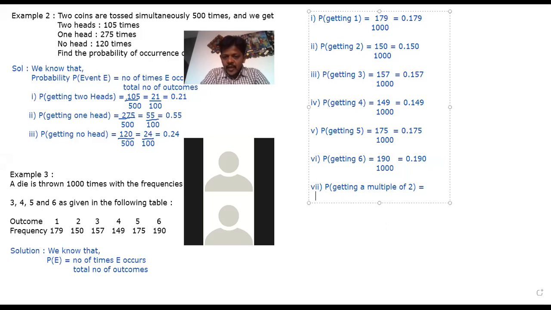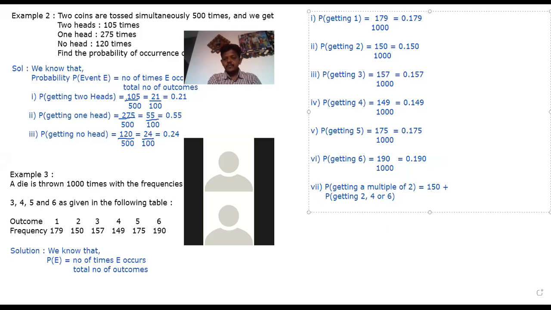So P of getting a multiple of 2 means actually probability of getting 2, 4 or 6, because these three are the multiples of 2. How many times had 2 occurred? 150. So 150 plus 149 plus 190 upon 1000.